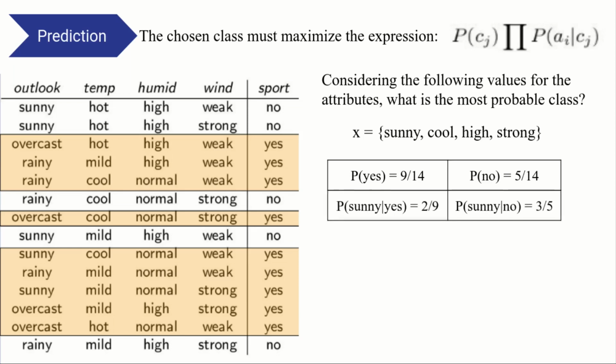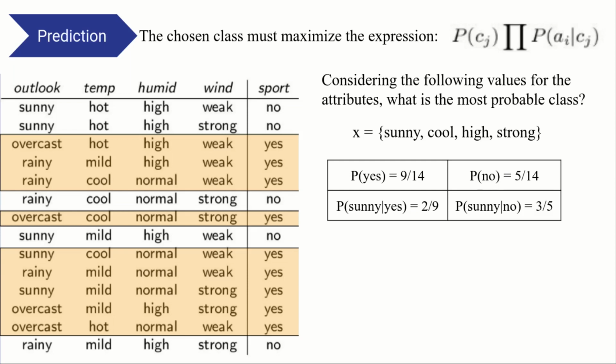The probability of the outlook to be sunny, given that the class sport has the value yes, is the proportion of records with sunny outlook between the samples classified as yes. So if you consider only the orange rows and you count how many records have a sunny outlook, you will realize it's only 2. So the probability of a sunny outlook, given that there is sports practice, is 2 out of 9.